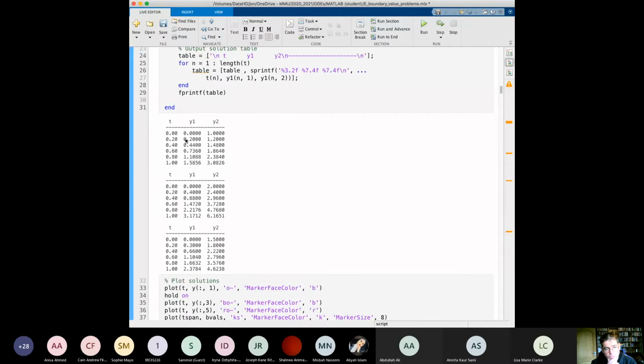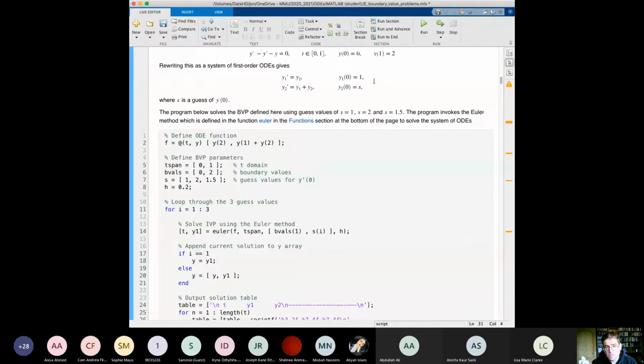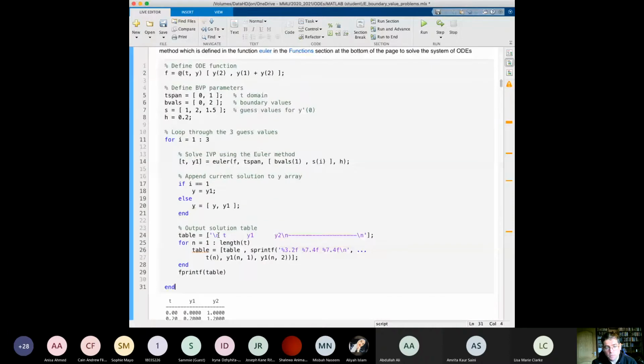So the first solution was a guess value of 1, which is that first row of y2, and we solved it, and y1 is our solution. So at the upper bound we have a solution of 1.5856. Okay, we wanted that solution to be 2, so we're below, so we undershot the target.